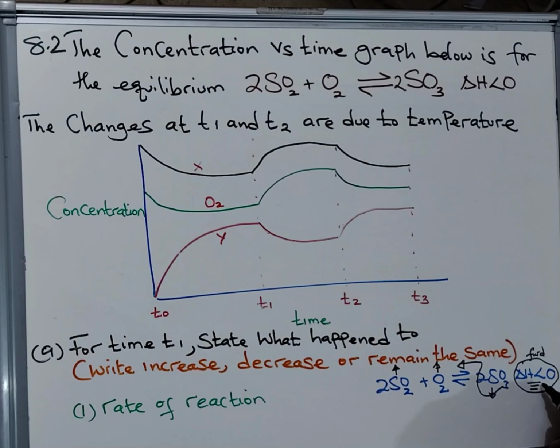And enthalpy change less than 0 is exothermic, so which means that forward is exo and reverse is endo. But we have seen that our equilibrium is reverse favored and reverse is endo. Now, according to Le Chatelier, increase in temperature favors endo. So because it is endo which is favored, the conclusion is that temperature increased.